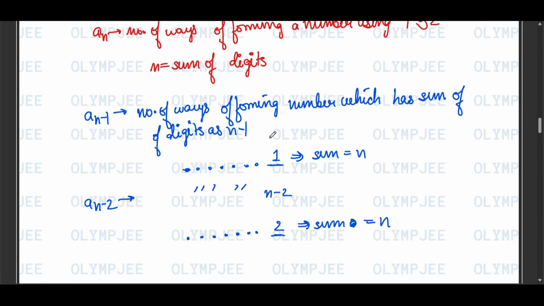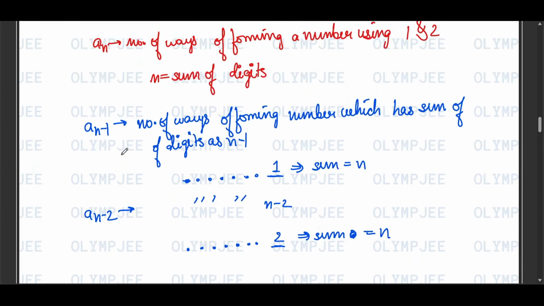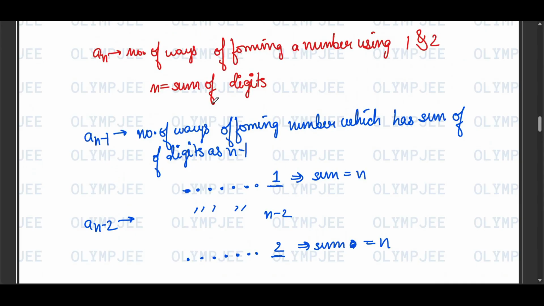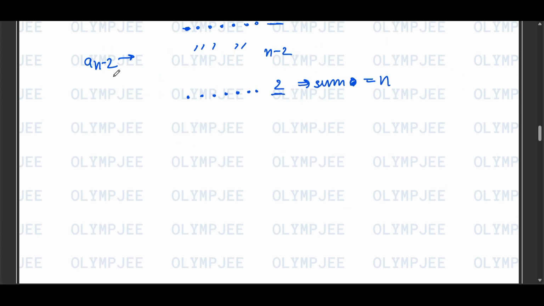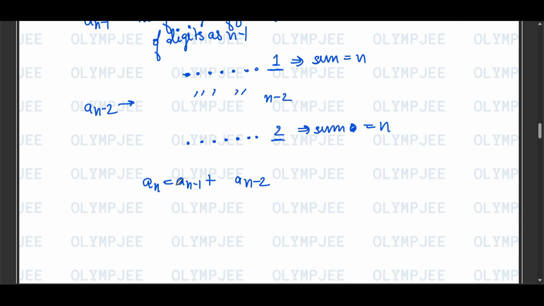So since there is only one possibility, if we add an minus 1 and an minus 2, then we'll get all the possibilities of forming a number which has sum of digits as n, because there is only one possibility here, right? So if we add these two, then we'll get an. So an will be equal to an minus 1 plus an minus 2, right? So this is the main formula which we will be using to solve this question.